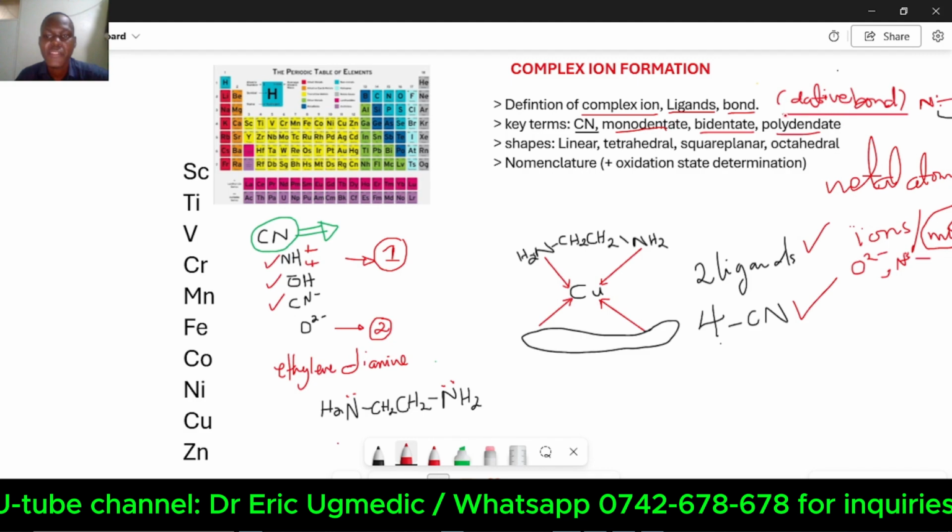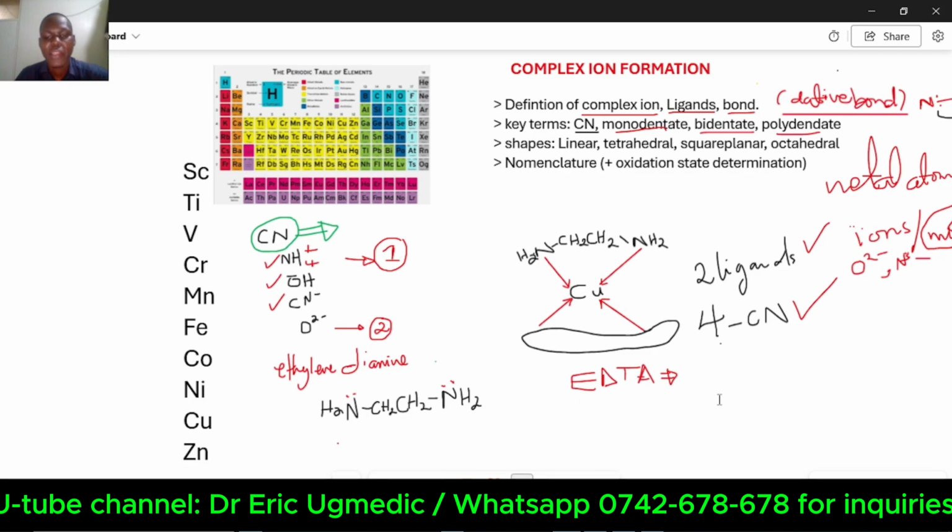Then polydentates, finally, are types of ligands which form more than two bonds with a central atom. A perfect example is EDTA. EDTA is defined, in full, as ethylene diamine tetraacetate, or acetic acid.